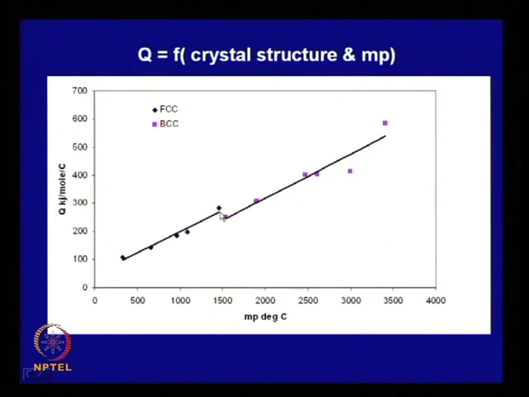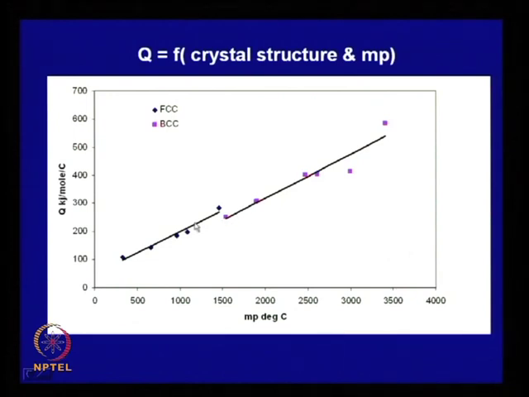what you can see is that if there is any metal which exists in two crystal structures, say FCC and BCC, one example is iron, and most likely this represents iron. So, iron exists at high temperature as a face centered cubic structure. If you extend it, you get the self diffusion coefficient of iron in the FCC lattice, which will be somewhere here.